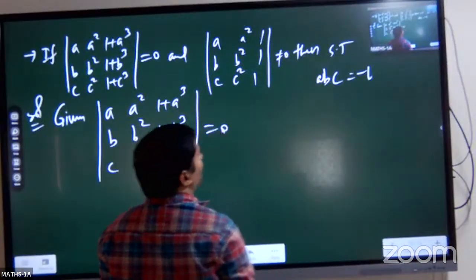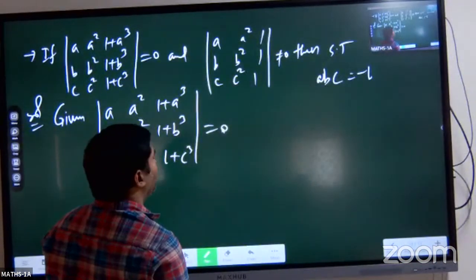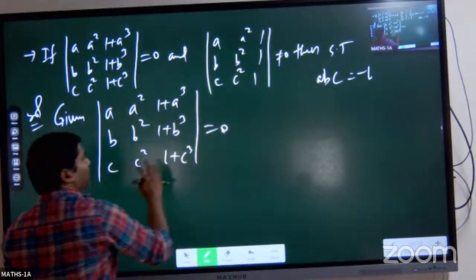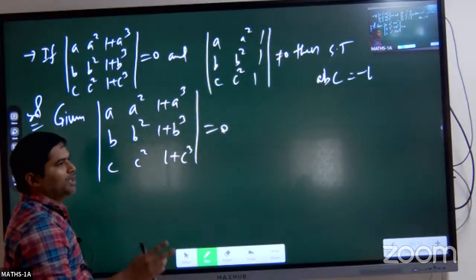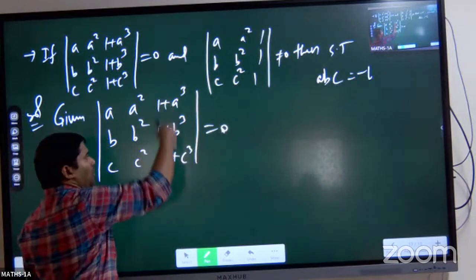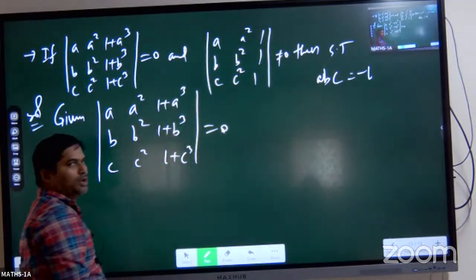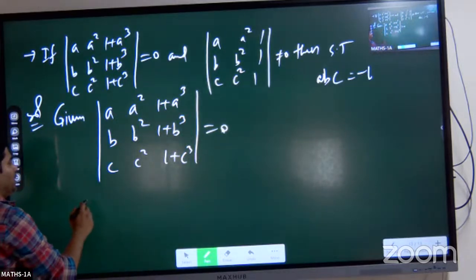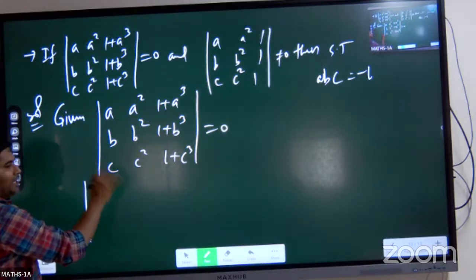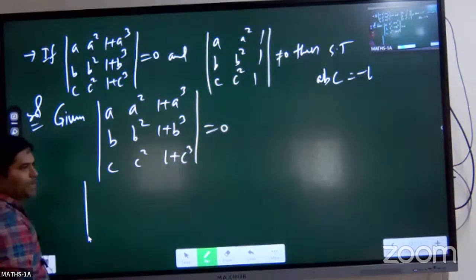Is it clear? Now, according to determinant properties, if I am having sums of elements in either a column or row, so here I'm having sums of elements in the third column. So according to the determinant properties, I can split the determinant into sum of two determinants, right?